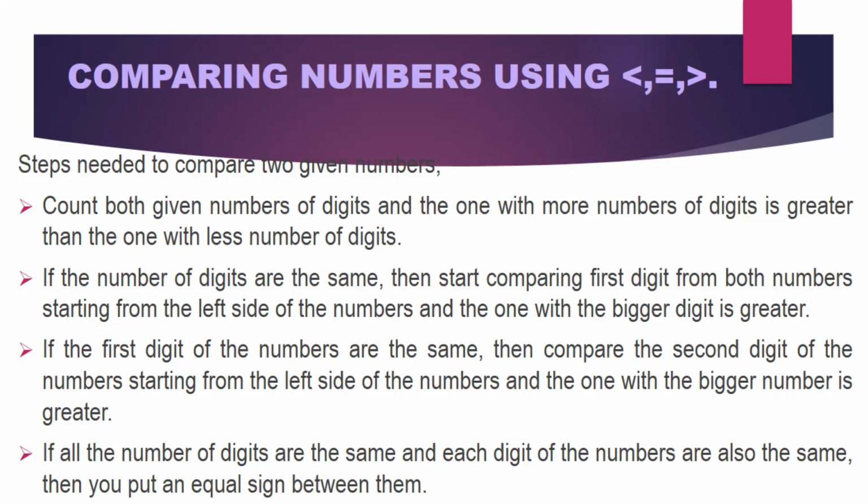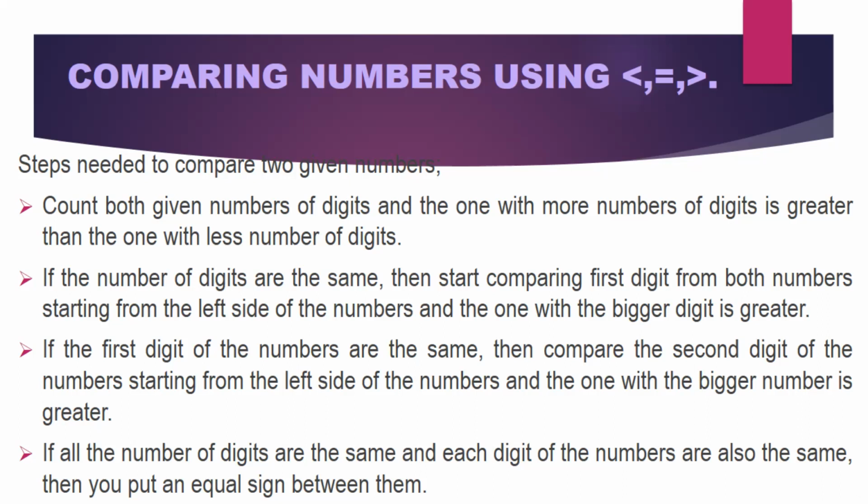Let's check all these before you choose your comparison symbol. If all the numbers of digits are the same and each digit of the numbers is also the same, then you put an equal sign between them.